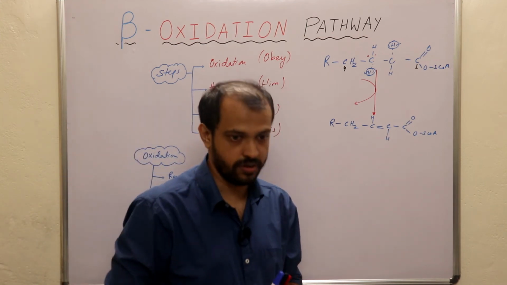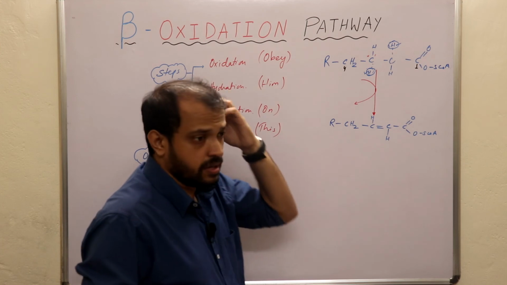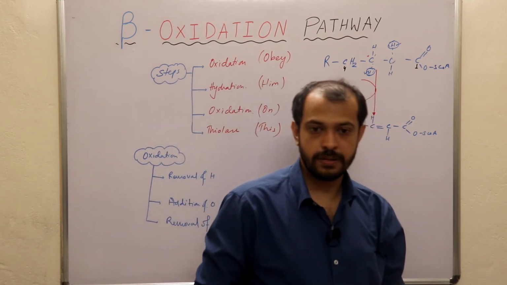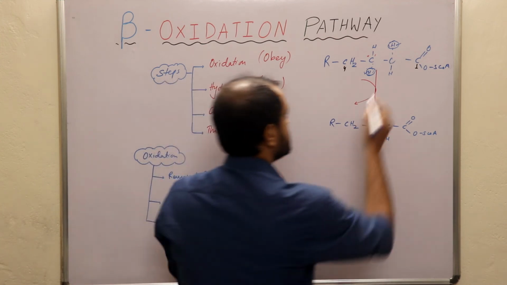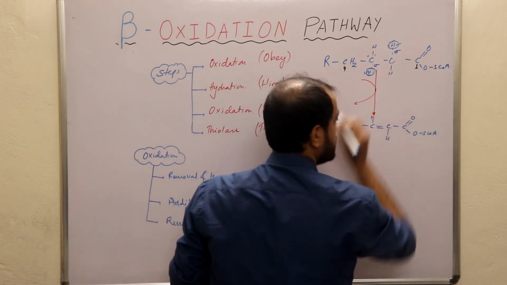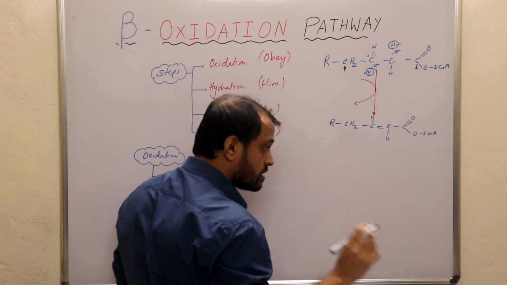Now listen with all your attention. Something called sigma and pi bonds. These are sigma bonds, right? That's true. But you need to understand one thing.